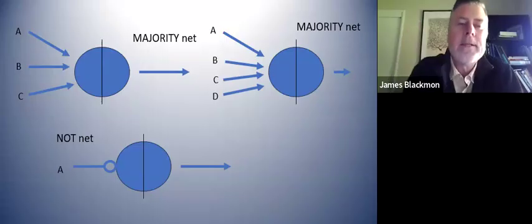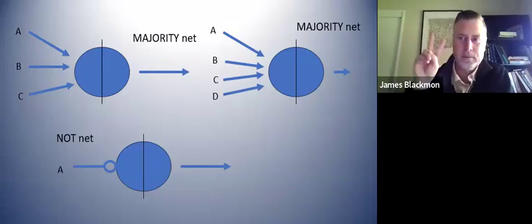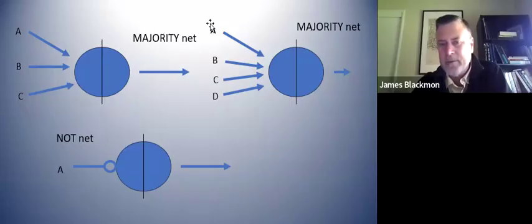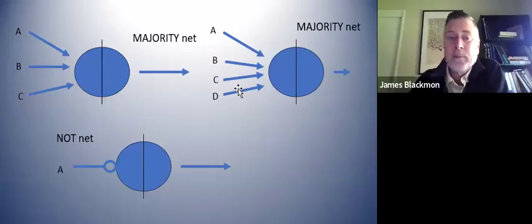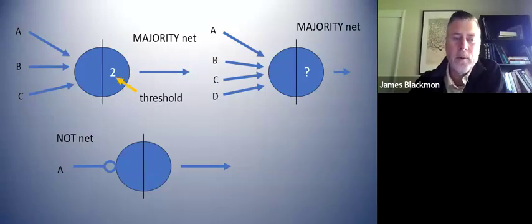So a majority out of 3 is 2, and a majority out of 4 is 3. A majority out of 5 is also 3, and a majority out of 10 is 6, right? So you just go find the halfway mark and add 1. And so what would the threshold be for the majority net on the left? Well, it would have to be 2. And on the right, it would have to be 3.